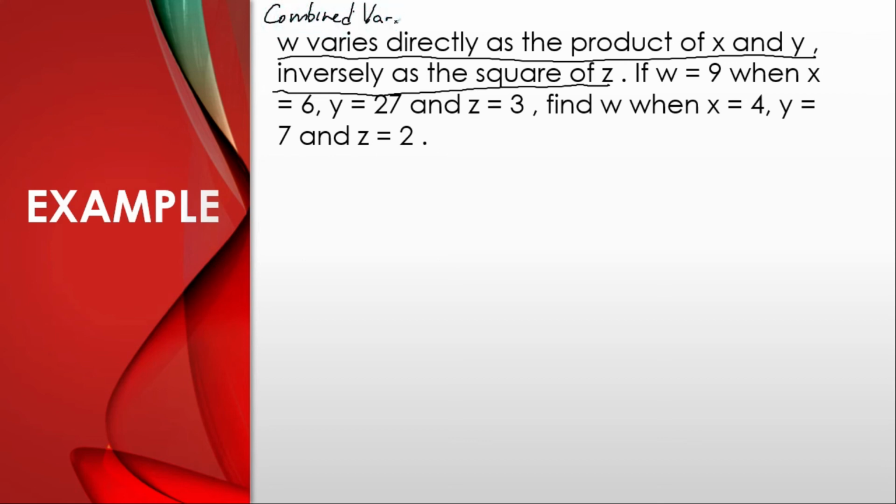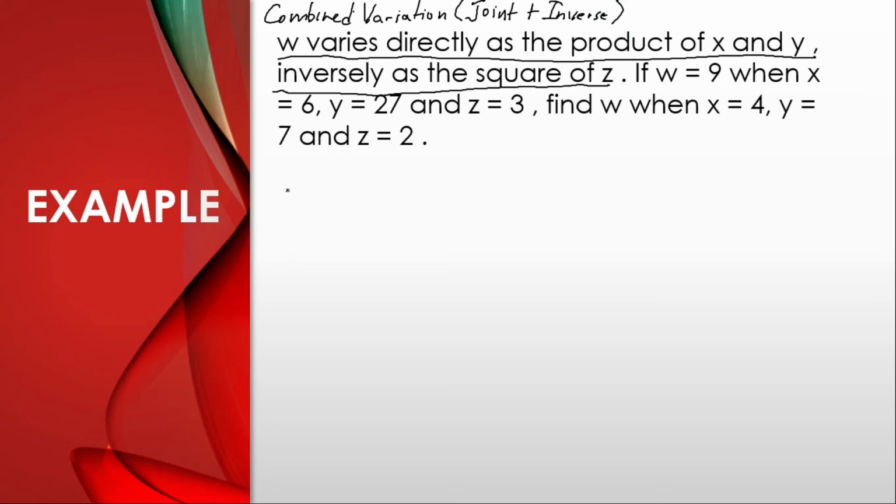So, ano muna yung dalawang pinagsama na variation natin dyan? So, ang sabi, varies directly as the product of x and y. So, dalawa yung variable bukod pa dito sa w. So, ito ay joint. Joint plus inversely, that is inverse. Diba? So, isulat natin yan into equation.